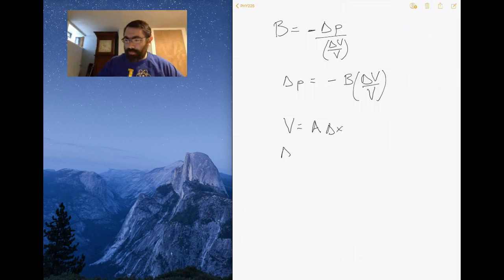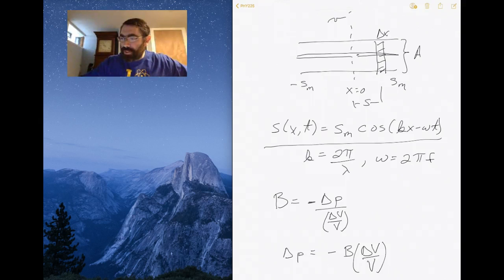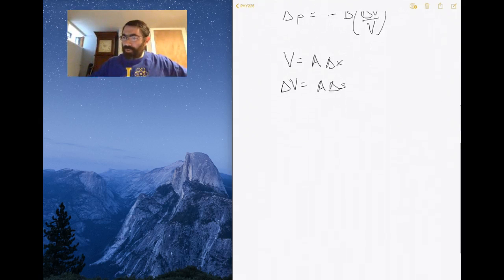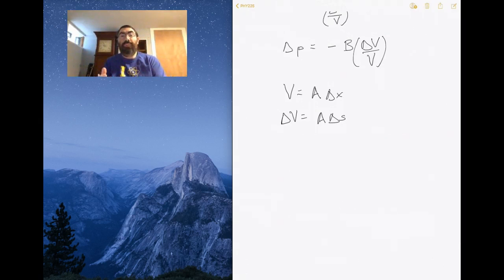Now the change in the volume is basically the area times, not delta x, because that's the total amount of air that we've considered in this slice, but instead a delta s, where delta s now is how much we're changing, let's say, the position here, like a delta s, right there. Okay. So now we have a volume, we have a delta volume.